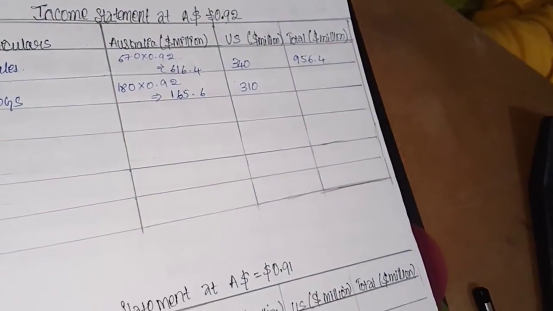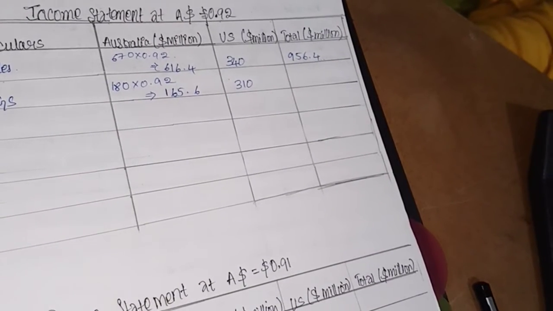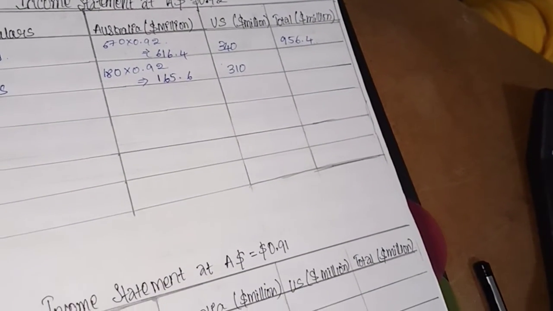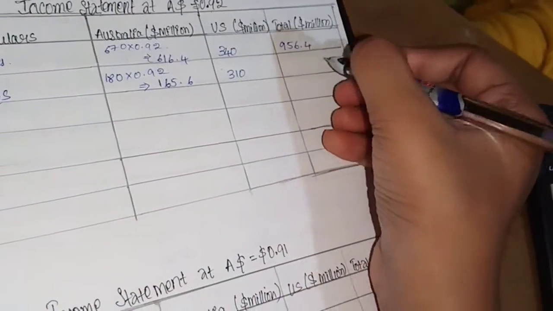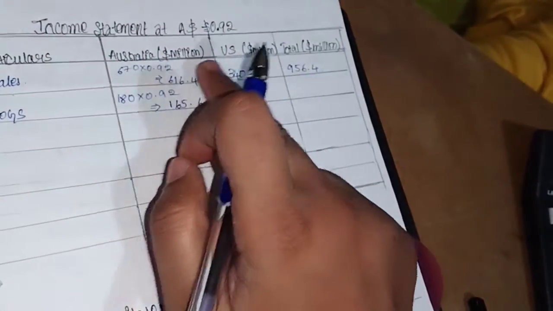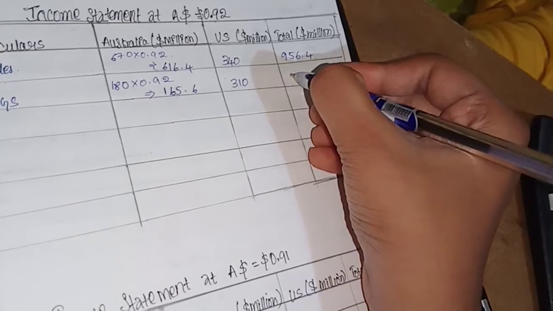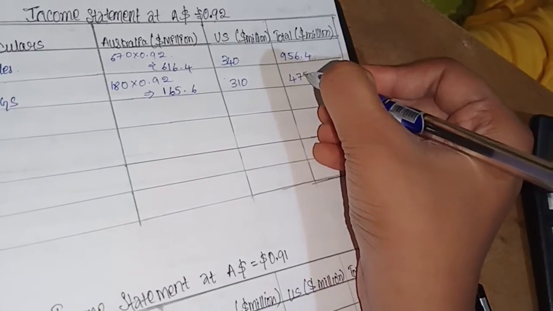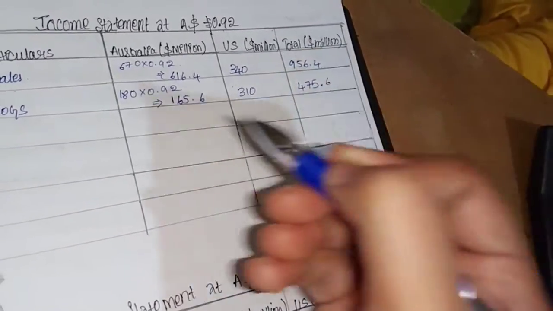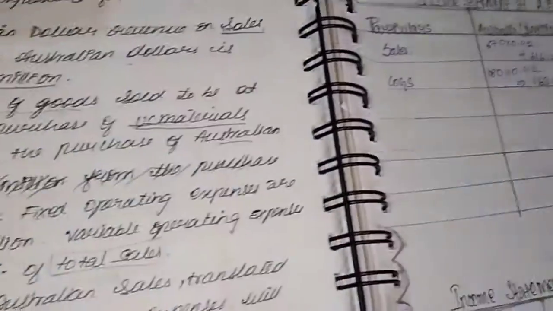Again 165.6 plus 310, we need to add this, gives 475.6.